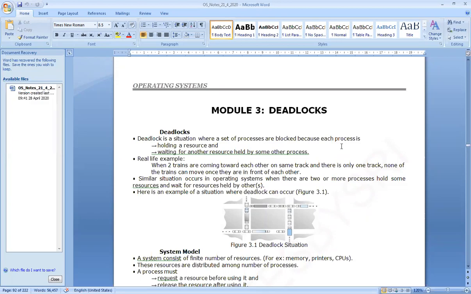Let us understand what deadlock means. As I explained, deadlock is a situation where a set of processes are blocked because each process is holding a resource and waiting for another resource held by some other process.